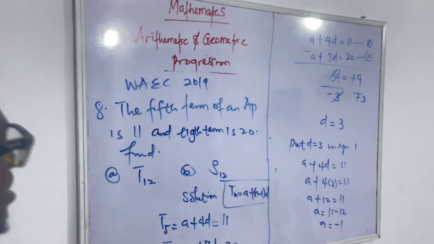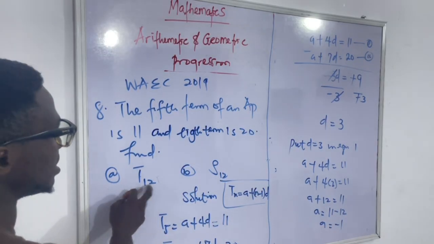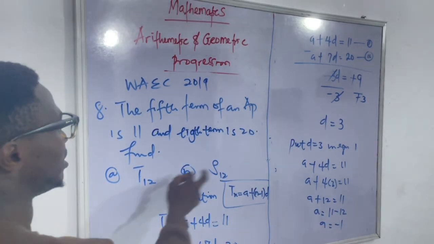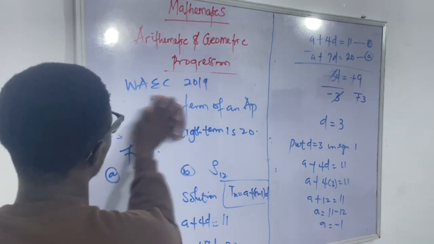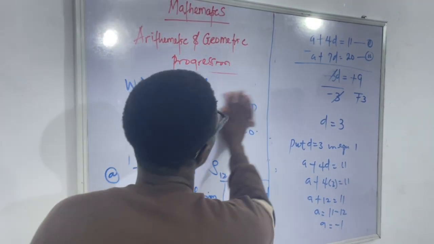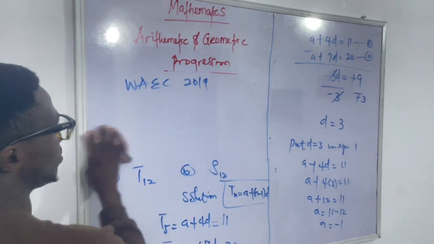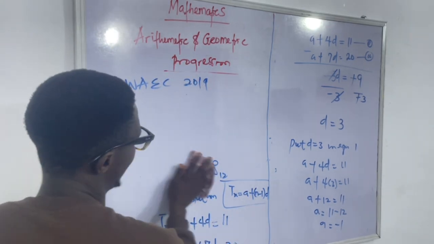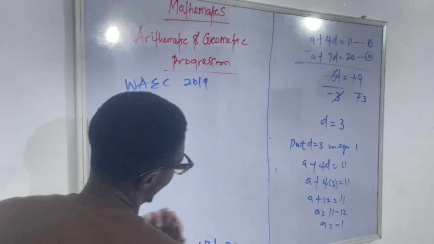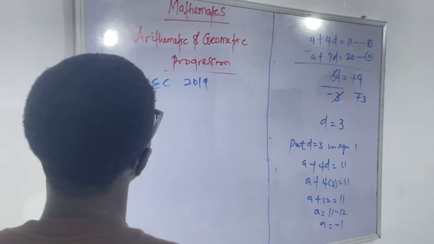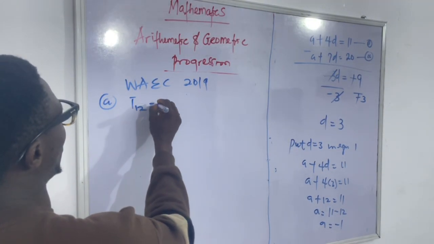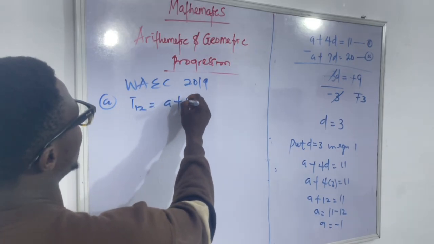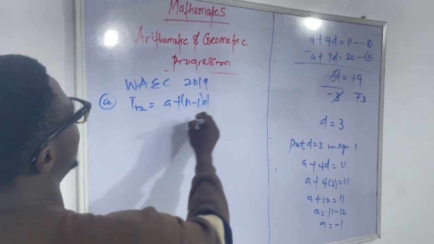Then we don't need to waste time. We just need to find the 12th term and find the sum of the first 12 terms. So getting T12 equals A plus (n minus 1)D.